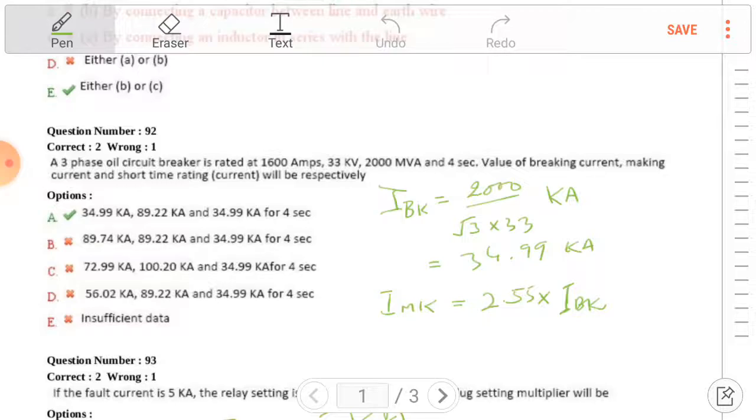It is 2000 by root 3 into 33. The answer will be in kiloamps. So 34.99 is the breaking current, and it is also equal to the short time rating current. It is the rating of current at the short time, and making current will be equal to 2.55 times the breaking current. So it will be equal to 89.22 kiloampere. Option A is correct.